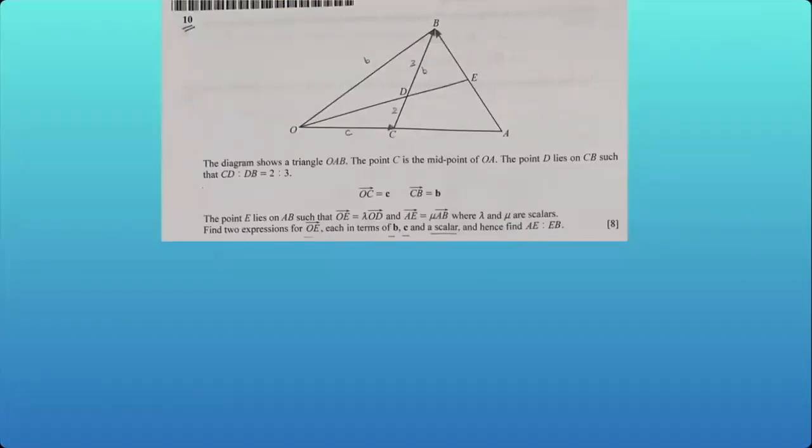Last question of this paper. Number 10, you are given a diagram that shows a triangle OAB. C is the midpoint of OA. Point D lies on CB such that CD to DB is equal to 2 to 3.